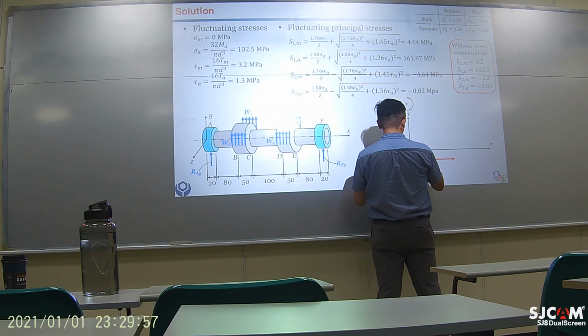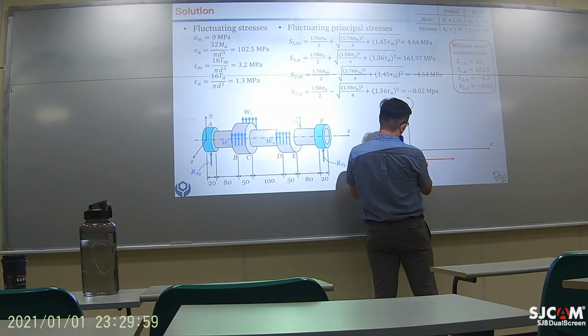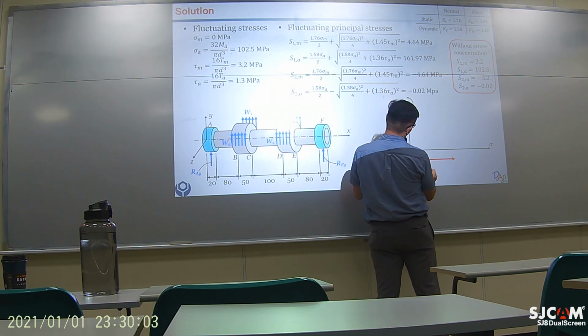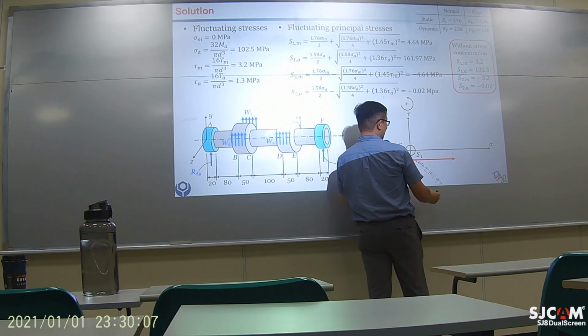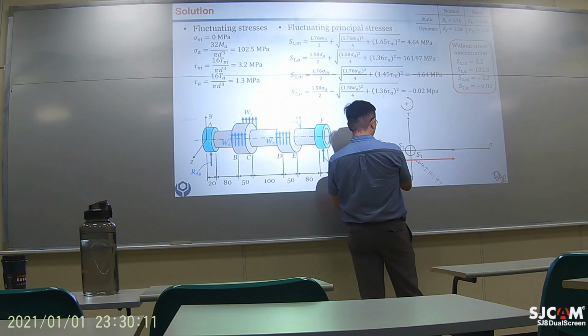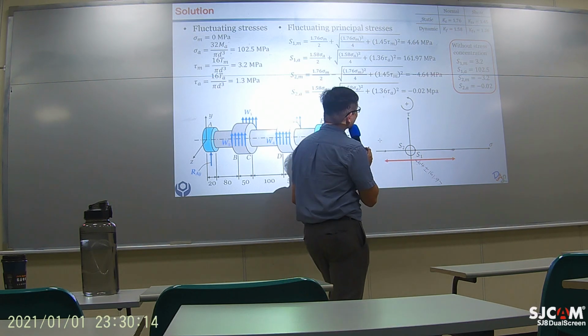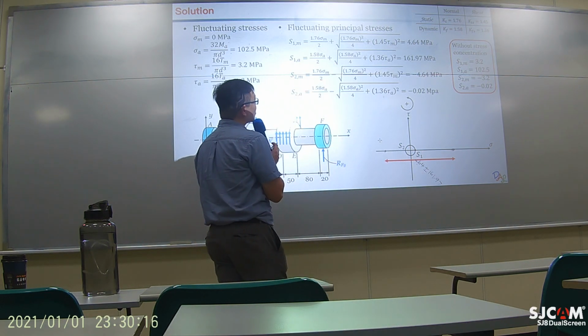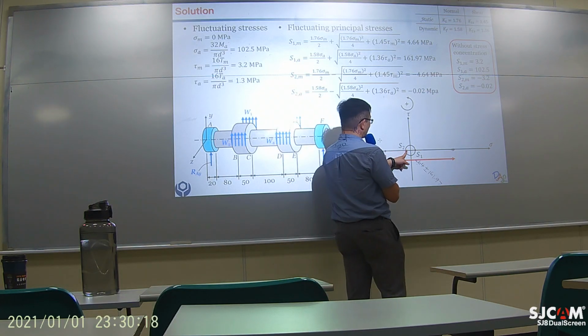So this point is like 4.64 plus and minus 161.97. It's like this. So sometimes this point goes to here, sometimes this one goes to here. The first principal stress. Okay, the second principal stress remains somewhere here.